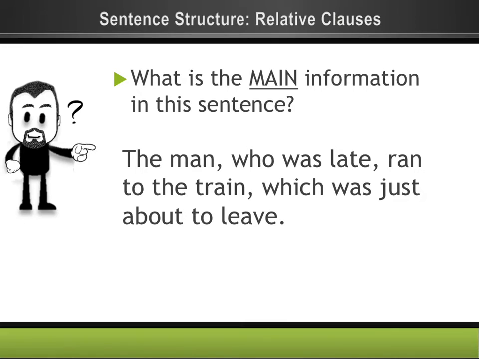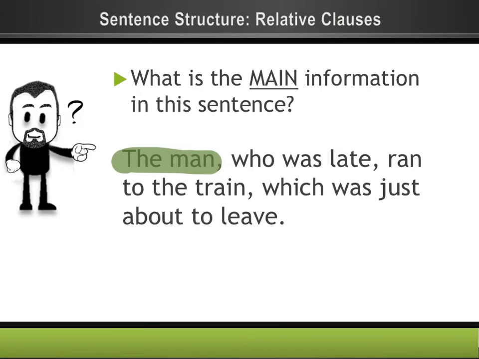So how do we know what the main part of the sentence is? Well, what we need to do is look at the start of the sentence. The start of the sentence gives you the subject of the whole sentence. So the man is the start of the sentence, so we're mostly interested in the man.